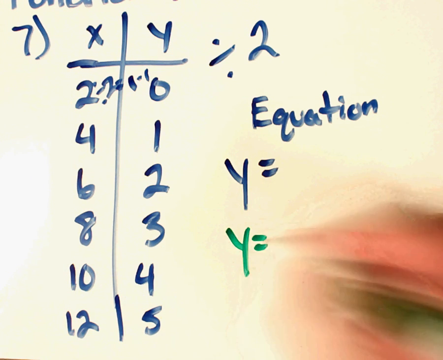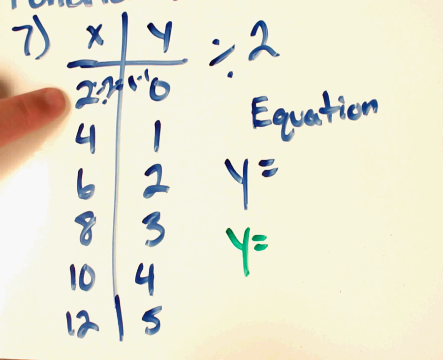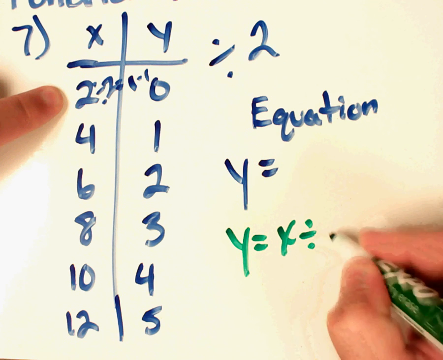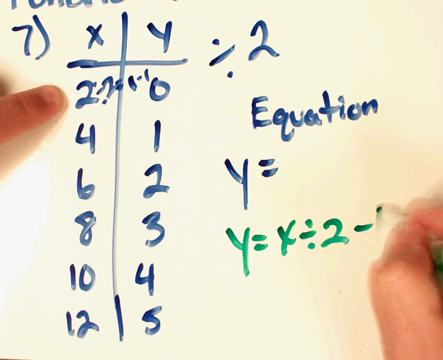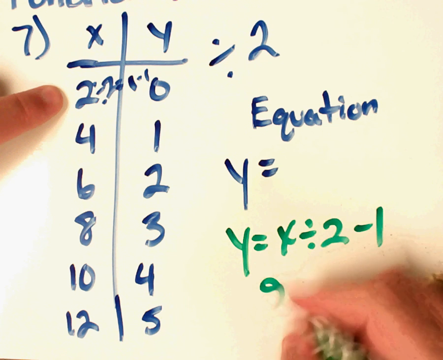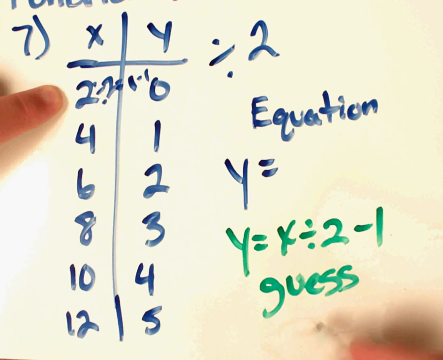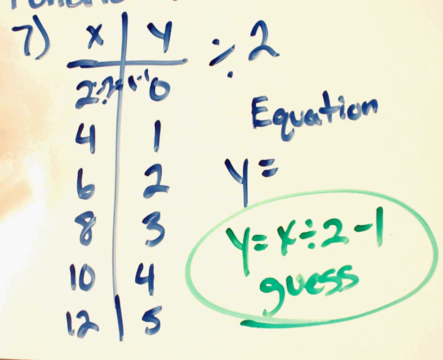All right, so we're saying we're going to divide x by 2 and then subtract 1. Now again, this is a guess. We do not yet know if this is correct. But I need to try something. All right, so this at least gives me something to attempt, something to try.